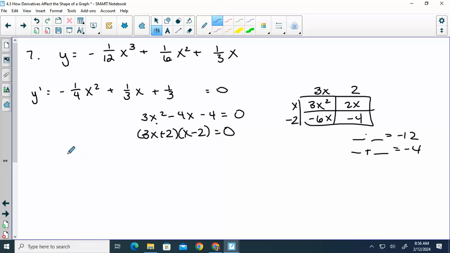So my critical points. What makes this equal 0? Then what do we have to do?